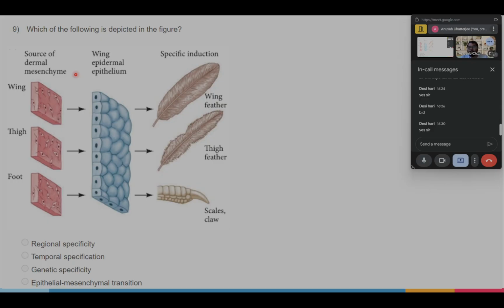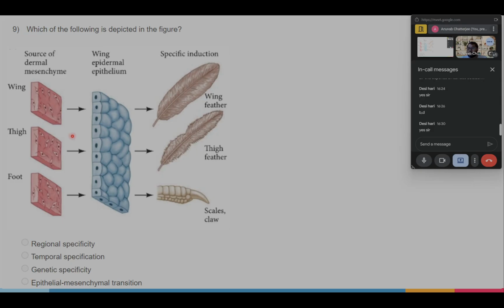So what they did is they took mesenchymal tissue, which is the underlying tissue, not the skin layer, but the underlying layer of the chicken. They placed the skin layer, the epidermal epithelium, on top of that and saw what happened. They joined the wing mesenchyme to the epithelia, and a wing feather developed from the epithelia.